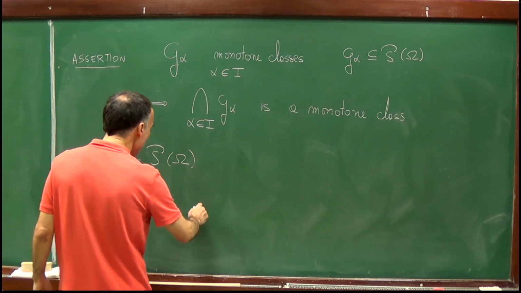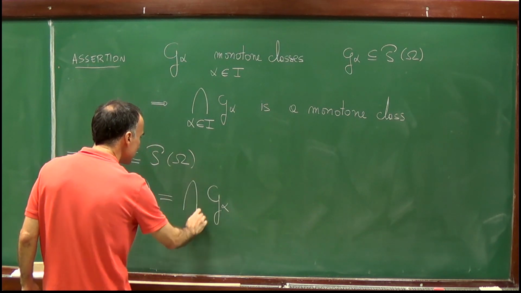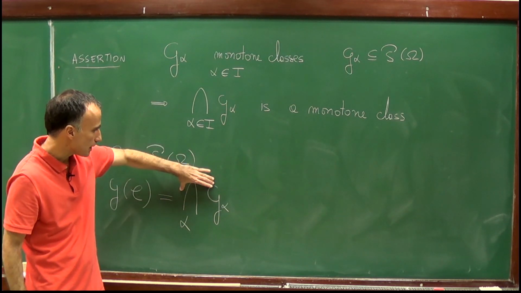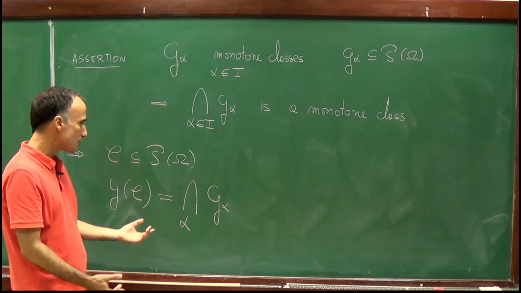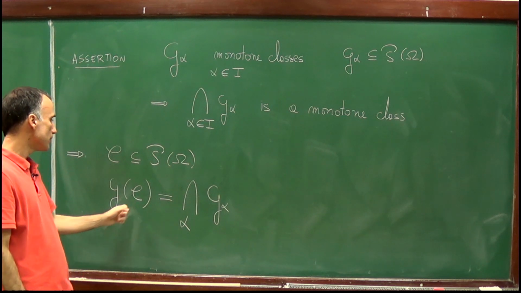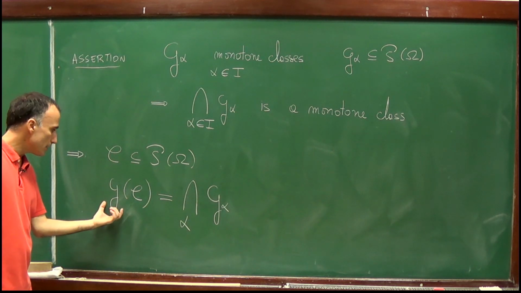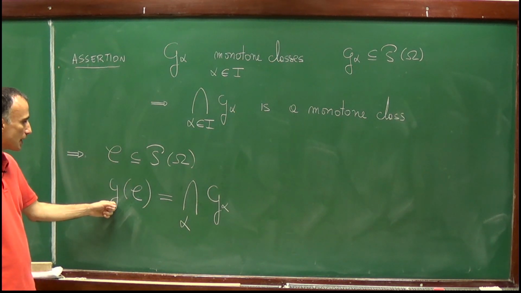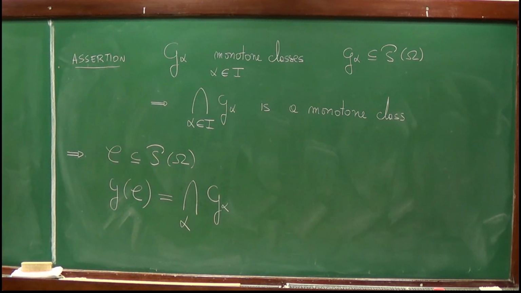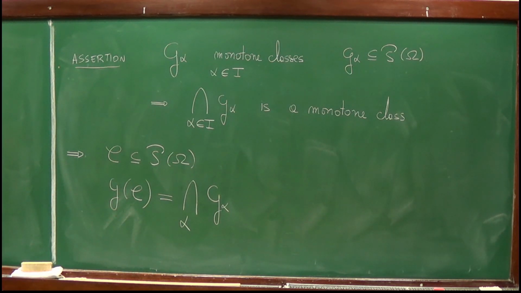Well, you take all monotone classes which contain C, you take the intersection over all these sets, and you get, by the first assertion, that this is a monotone class. And it's the smallest monotone class because any monotone class which contains C is in this family and therefore contains G of C. So once you prove this assertion, you can introduce the notion of a monotone class which is generated by a class C of subsets of omega. So this will be called the monotone class generated by the class C.